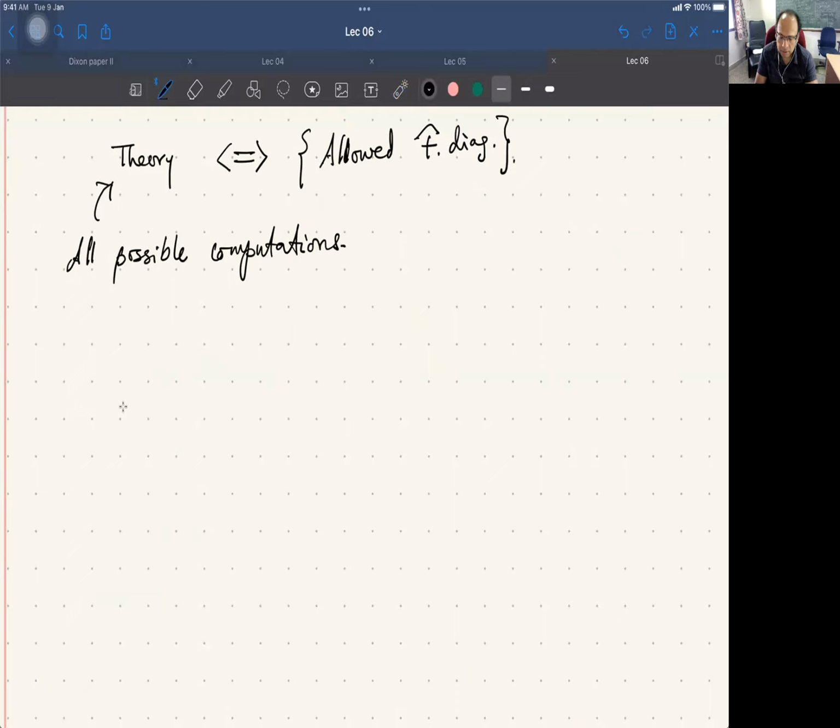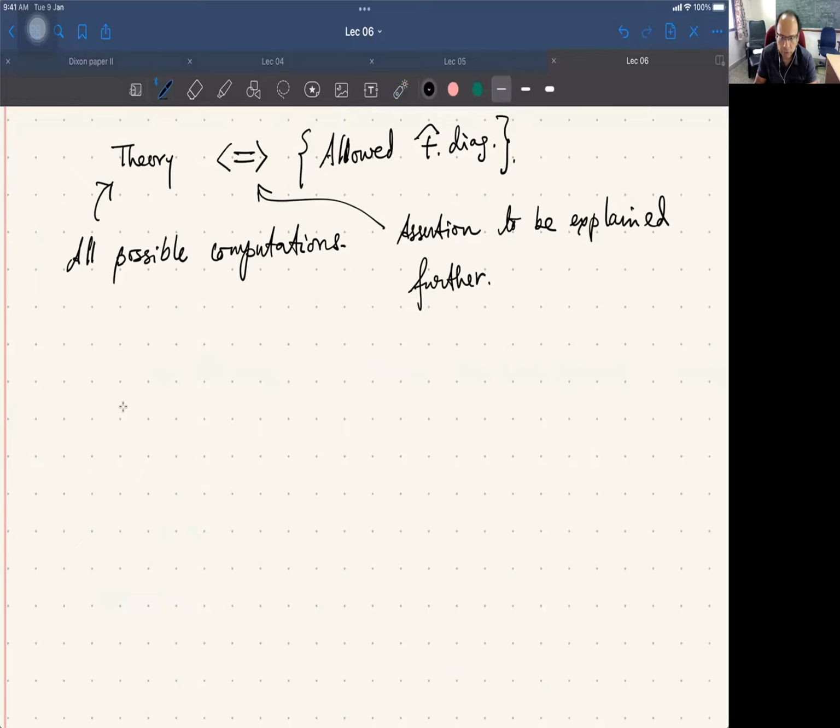These two things look like very independent, and this equivalence between a theory and a set of allowed Feynman diagrams looks non-trivial, and we should explain what it actually means. So this is what I would do now. This is like an assertion to be explained further.